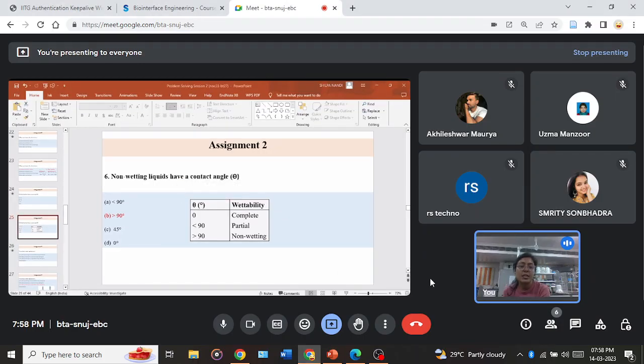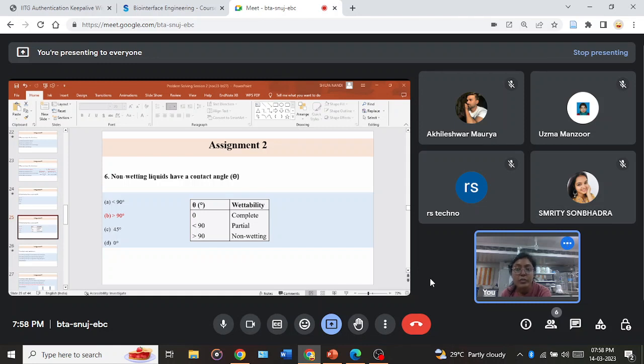So when you see a surface and you pour a non-wetting liquid over it, which is hydrophobic in nature, remember that non-wetting liquids are hydrophobic in nature. So the contact angle between that surface and the liquid will always be greater than 90 degrees.